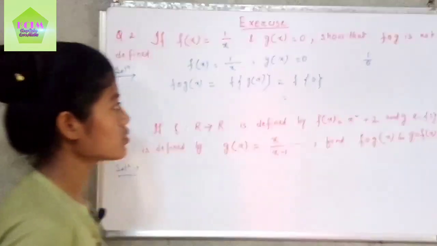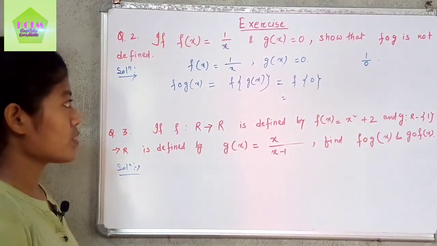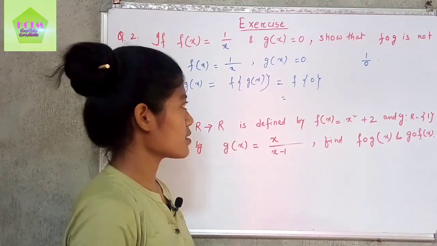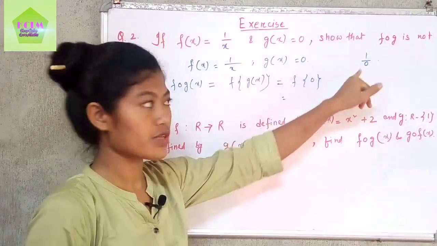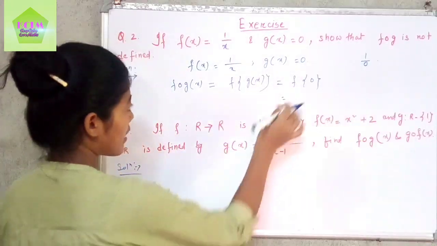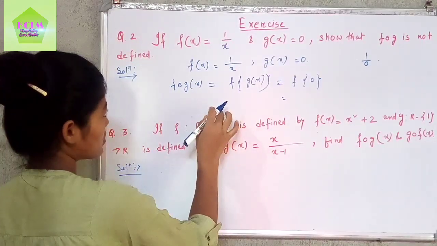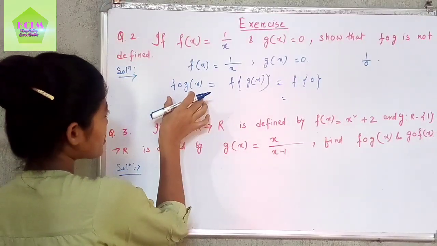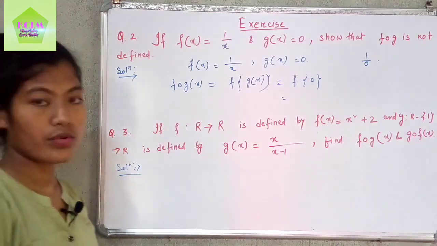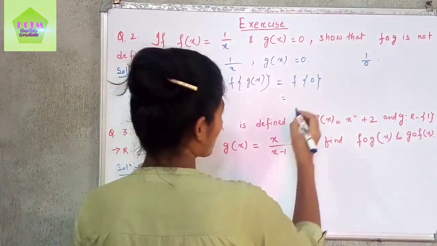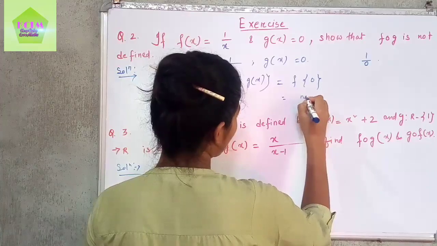You already know that 1 by 0 cannot be defined. So f(0) we cannot define in this question. Therefore, the composite function f∘g we cannot define here. So this is not defined.